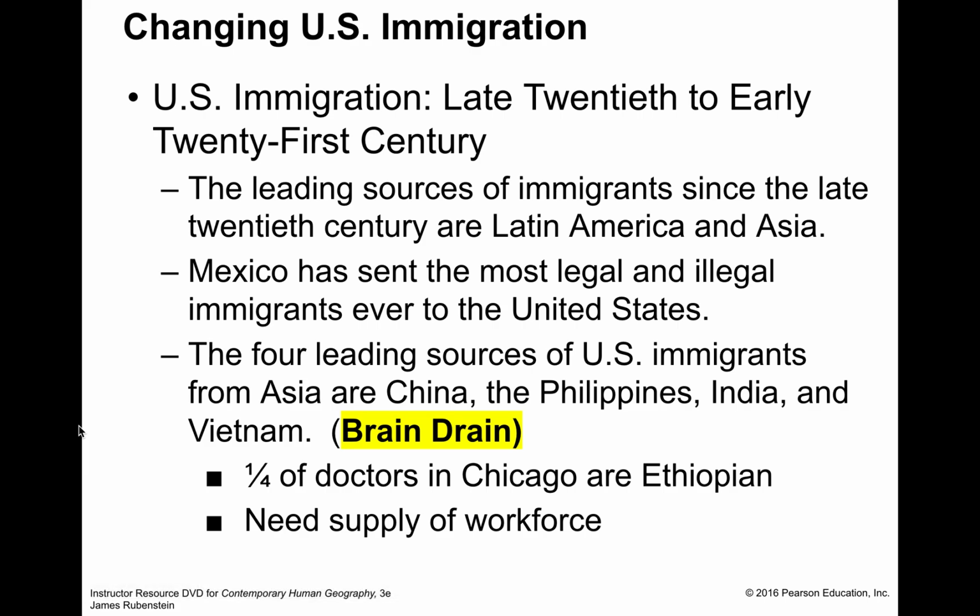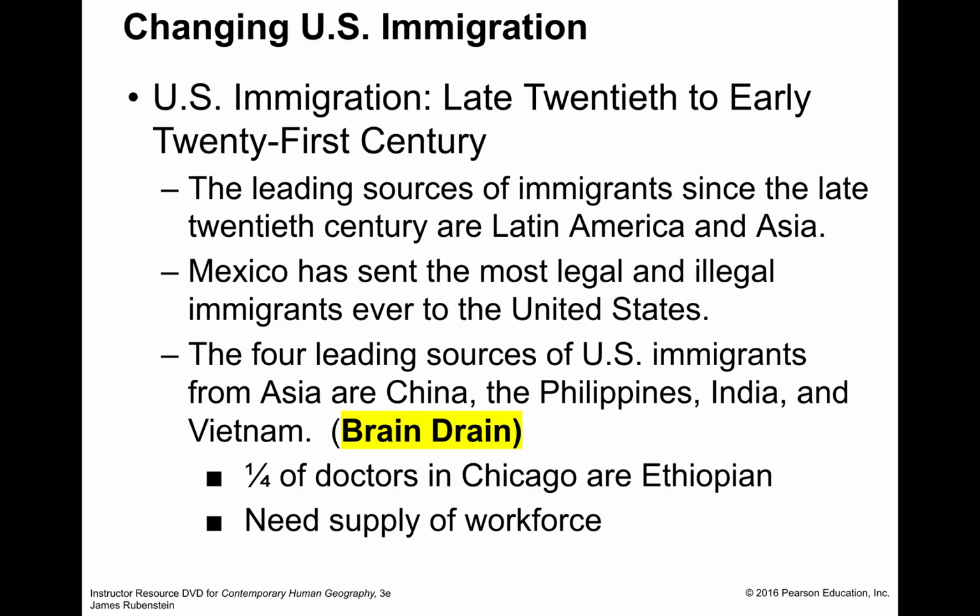In the late 20th century, we begin to see Latin American and Asian people. When we look at Asia, mostly China is the largest source, followed by the Philippines, India, and Vietnam. We look at Latin America, largely from Mexico, but from other Spanish-speaking Central American countries as well, like the Dominican Republic and Haiti.